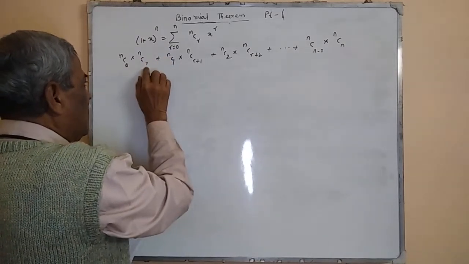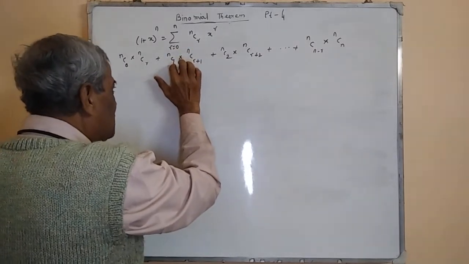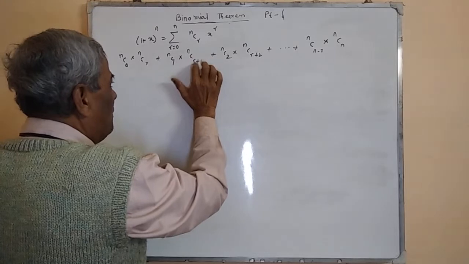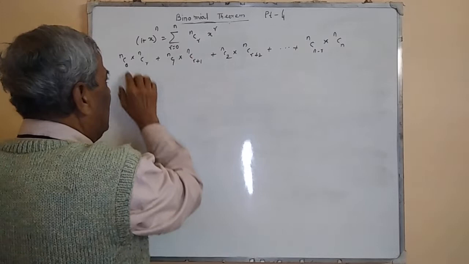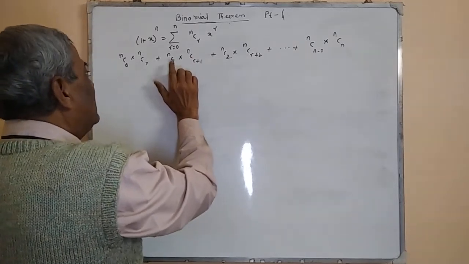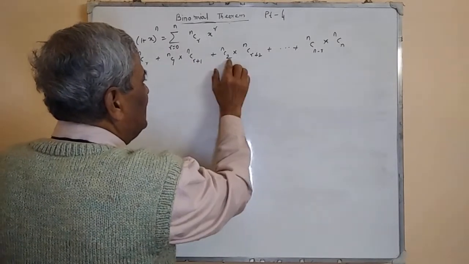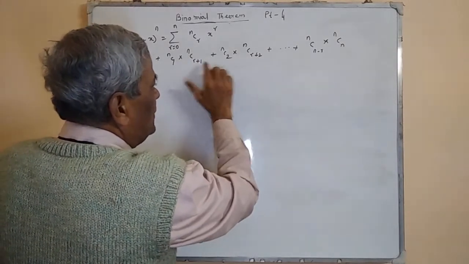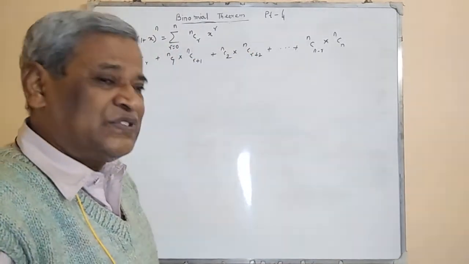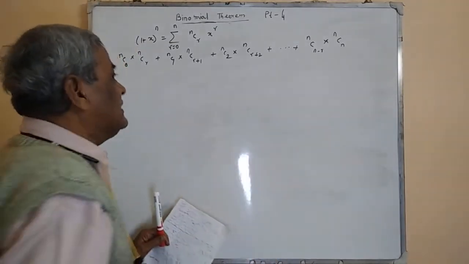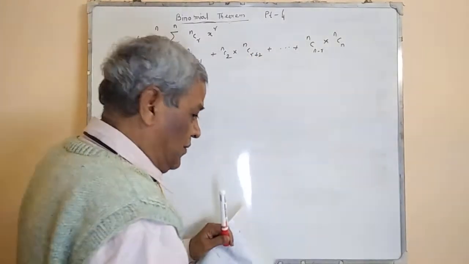This is 0, r. In the second term, it is nC1, nC(r+1). 0 here is 1, here is r plus 1. That is, this one is increased by 1, and this is also increased by 1. In that series, in both factors, these are always increasing.